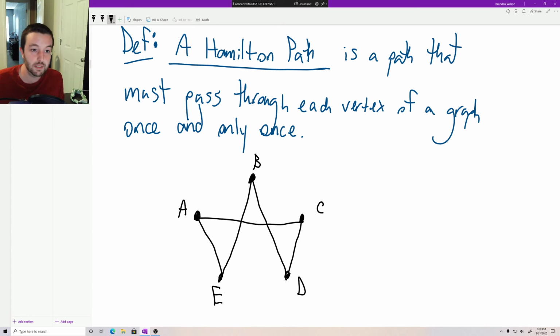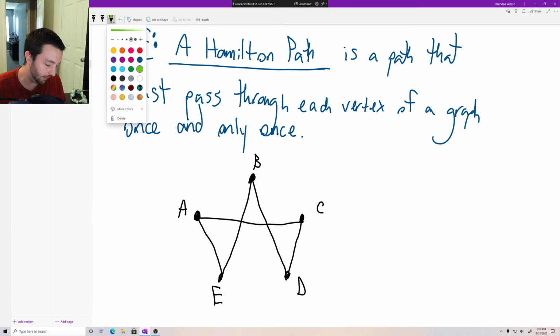So can we find a Hamilton path that goes through here, and then can we find a Hamilton circuit that goes through here? Well, just like with the Euler paths and Euler circuits, we will have algorithms to do this. But for now, let's just try it.